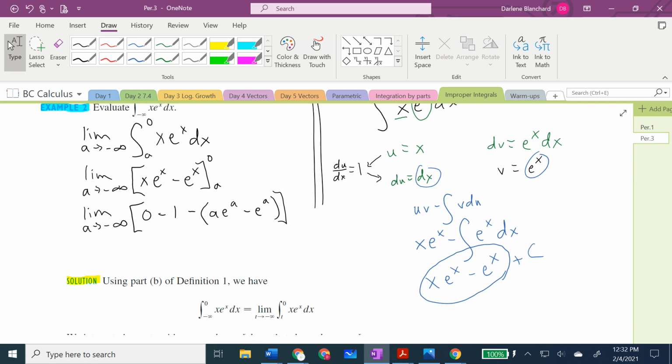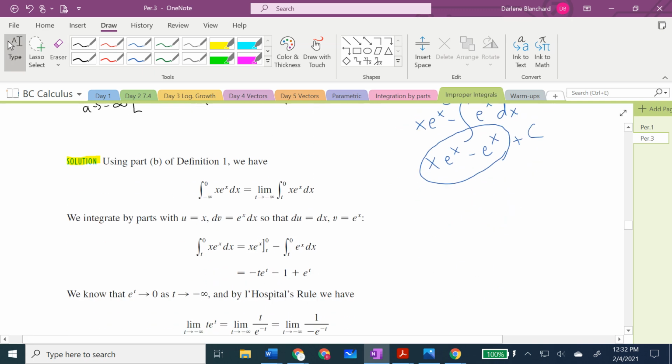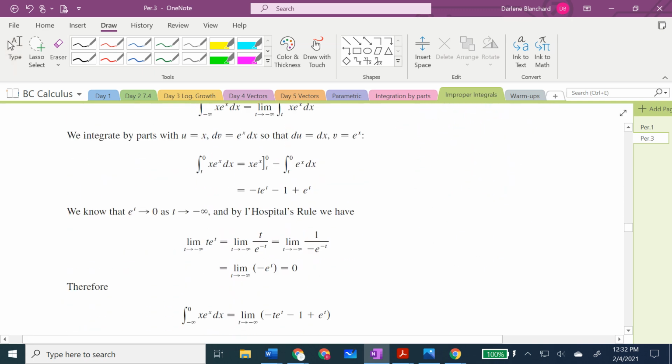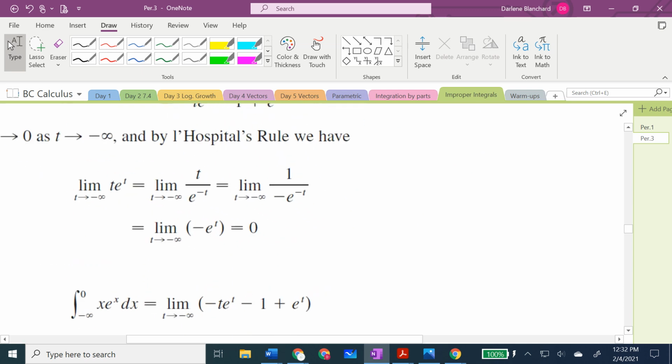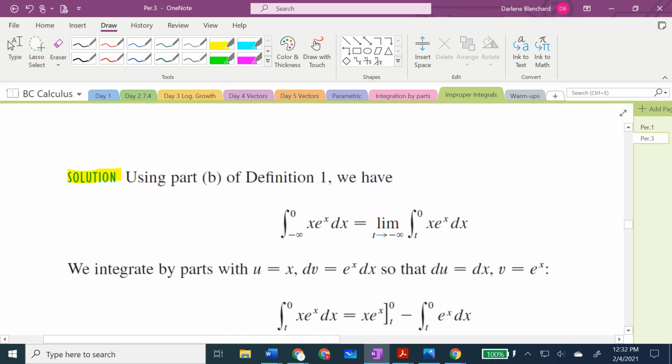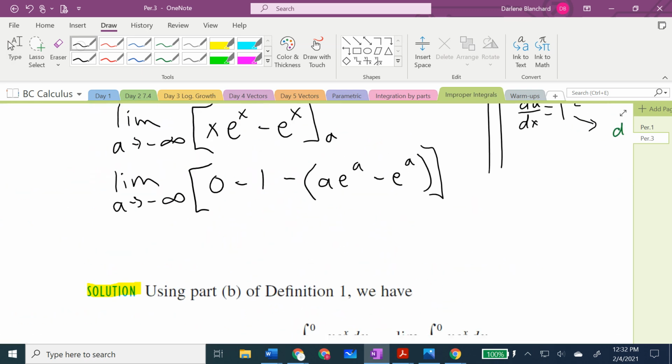Let me make sure that I have the answer here just in case I start messing up on working this. Okay. So I have negative 1 minus a e to the a plus e to the a. And I need the limit as a approaches negative infinity.